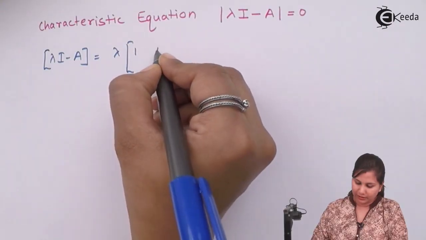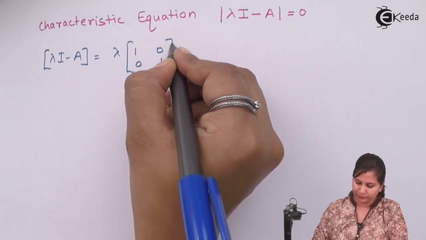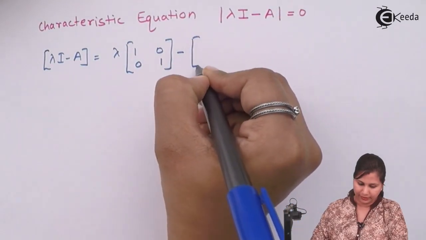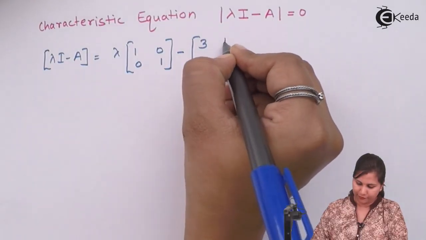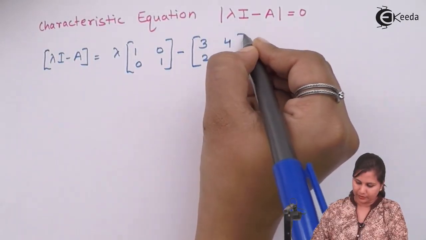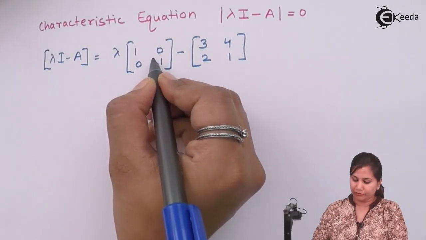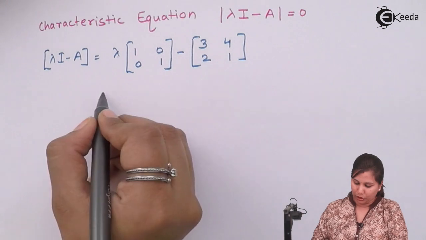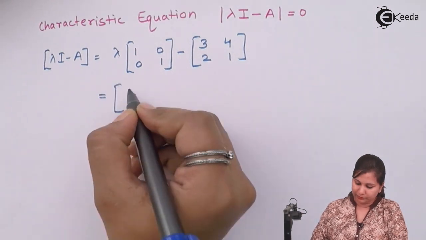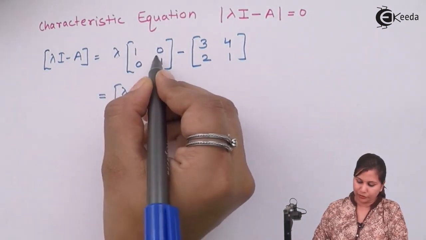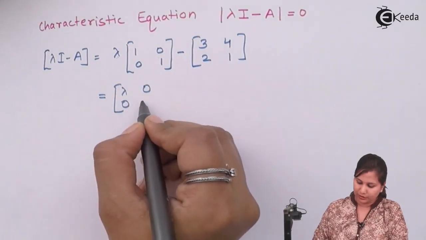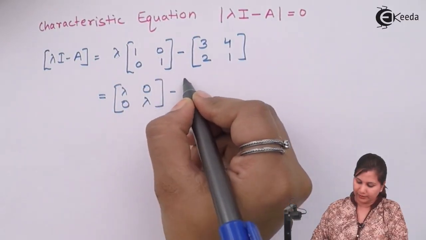So we have lambda times [1, 0; 0, 1] minus A, where A is given as 3, 4, 2 and 1. Lambda should be multiplied inside, so our matrix becomes lambda, 0, 0, lambda.